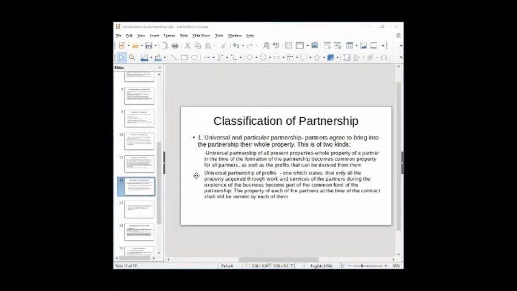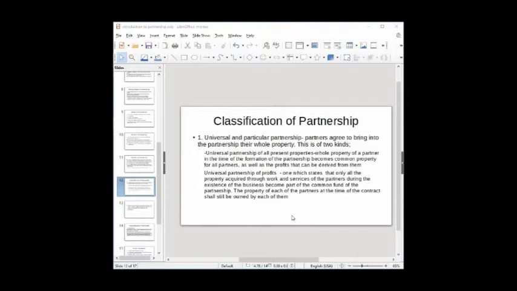While a universal partnership of profits is one which states that only all the property acquired through work and services of the partners during the existence of the business becomes part of the common fund of the partnership.